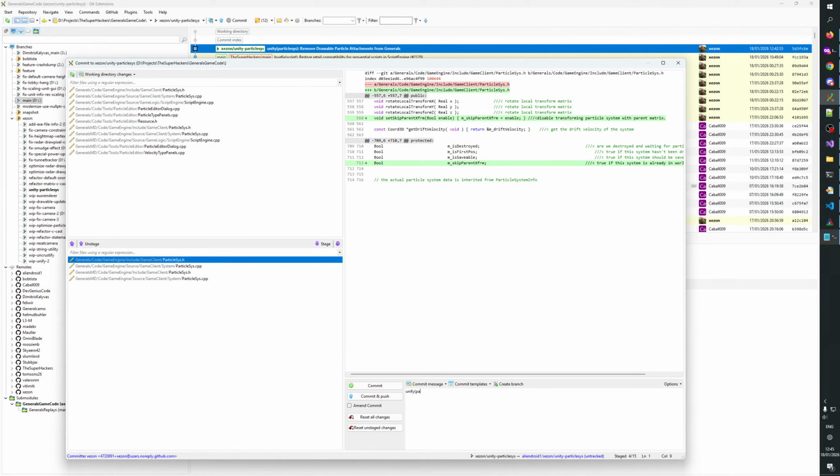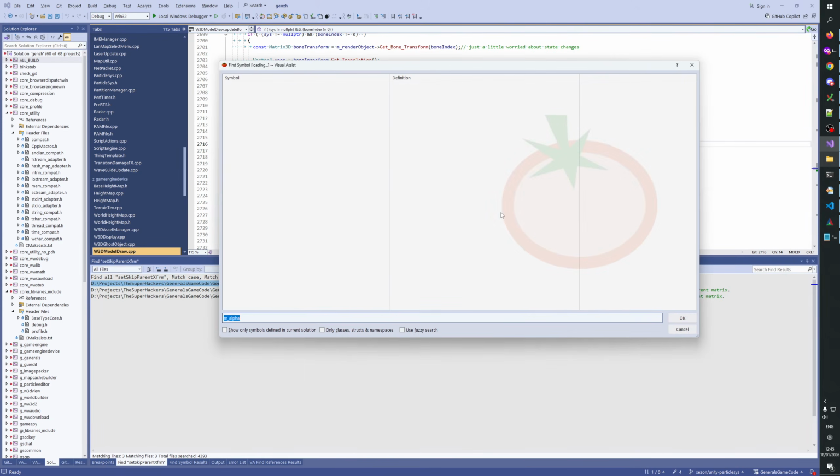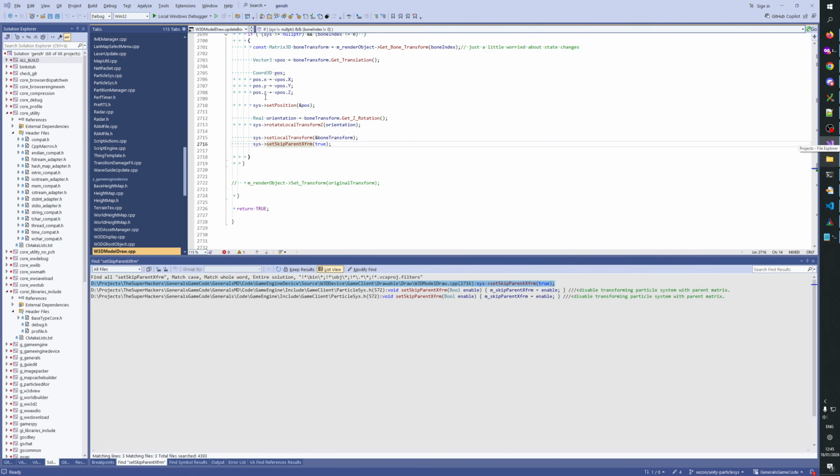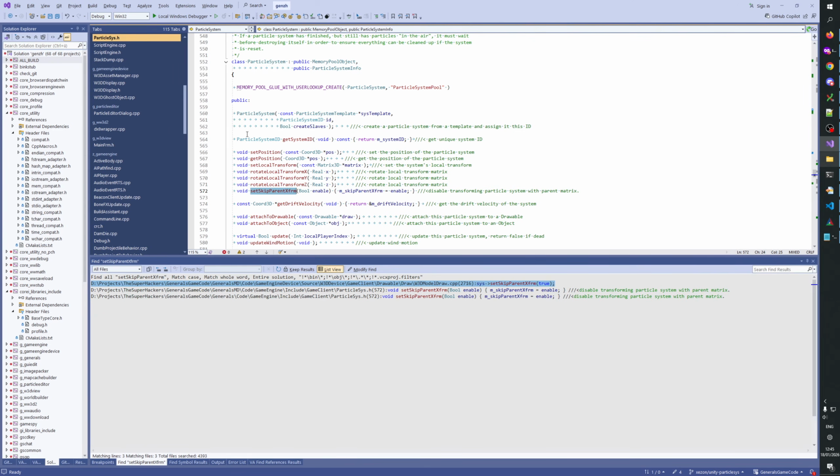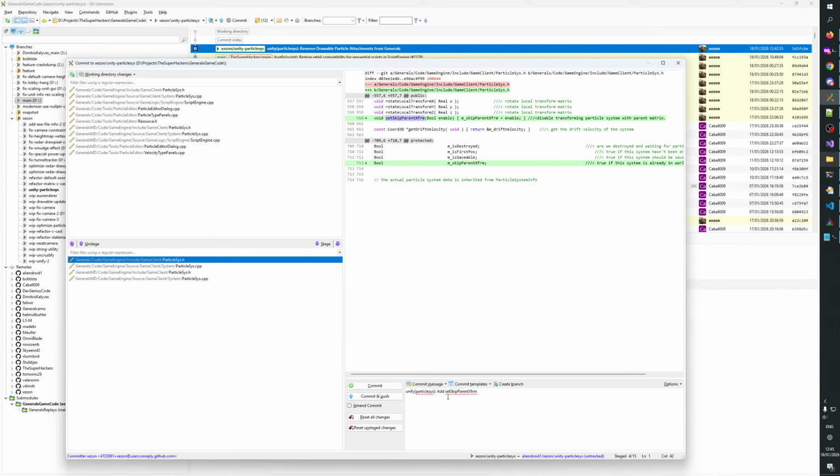Unify ParticleSys at generals to generals.